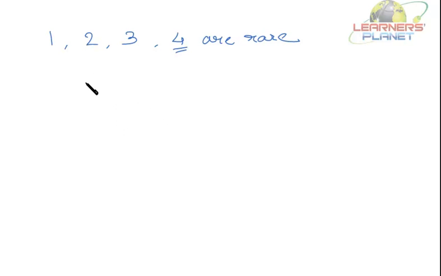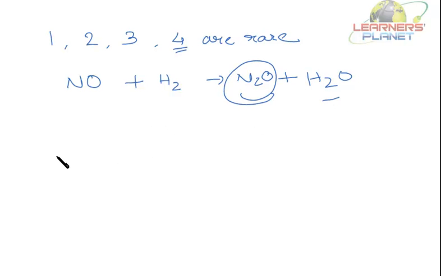Why so? This is because, take the previous reaction, NO plus H2 gives N2O plus H2O. For this reaction to take place, the molecules of NO should collide with the molecules of hydrogen.